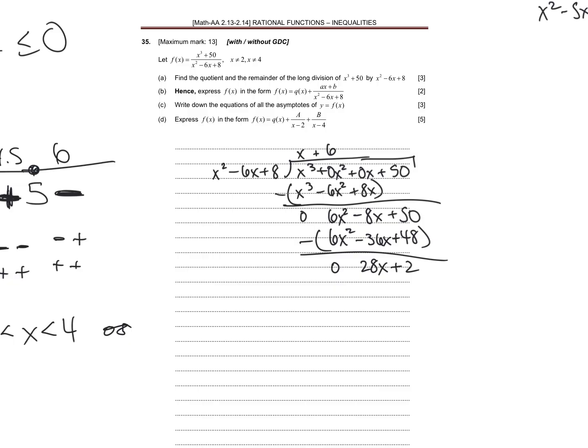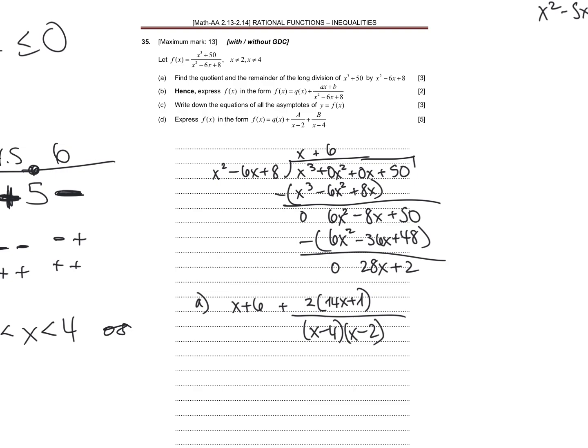So that is going to be x plus 6 whole times, plus, factor out a 2, 14x plus 1, that's our remainder, over x squared minus 6x plus 8, which I'm going to factor. So x minus 4, x minus 2.